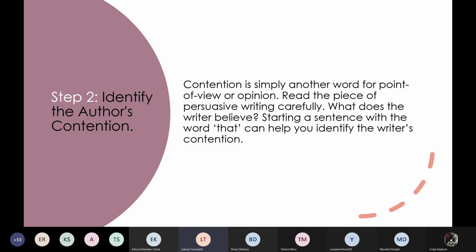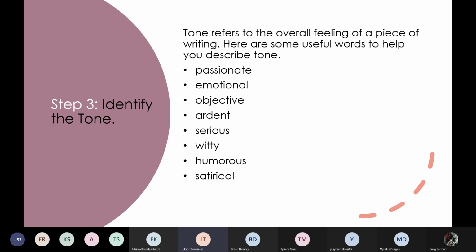I definitely like the writer's attitude, all right, towards what they're writing. The writer's attitude or feeling towards that particular topic or issue. All right, so tone refers to the overall feeling of a piece of writing. That overall feeling that you get, that the writer is trying to convey to you, because they have a particular issue in mind.